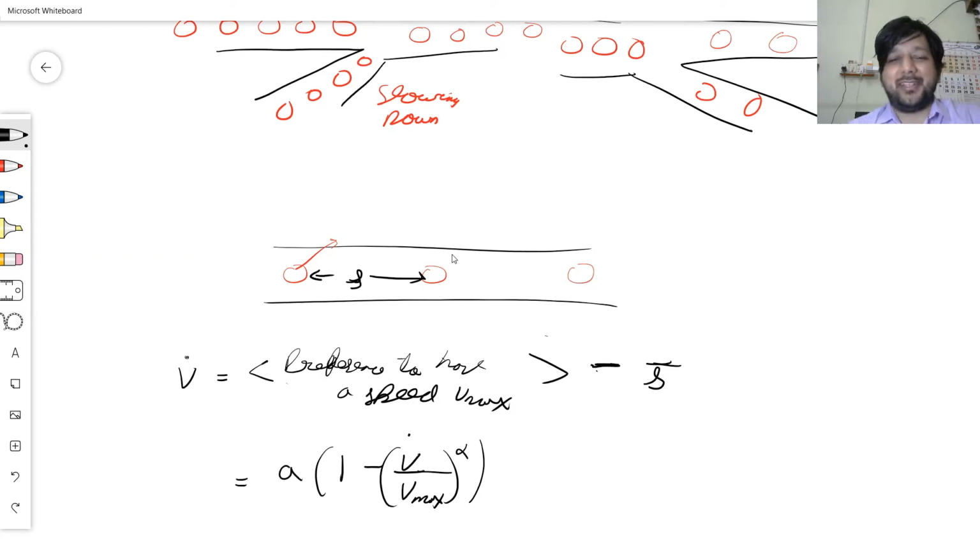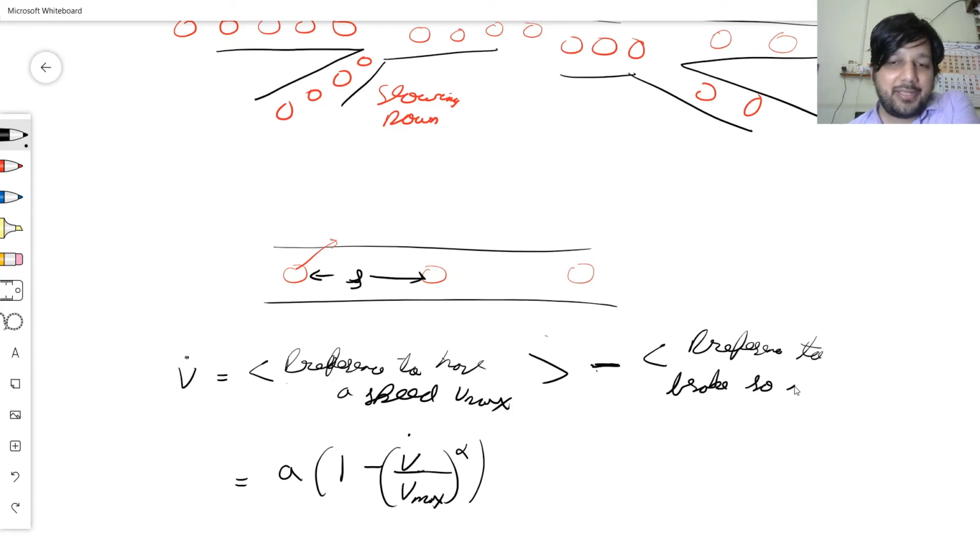So even if the gap tends to 0, I'll apply the brake using the maximum force that I can, and let's say the preferred gap is S star. So here I just mention it as the preference to brake so as to stop before a preferred distance.